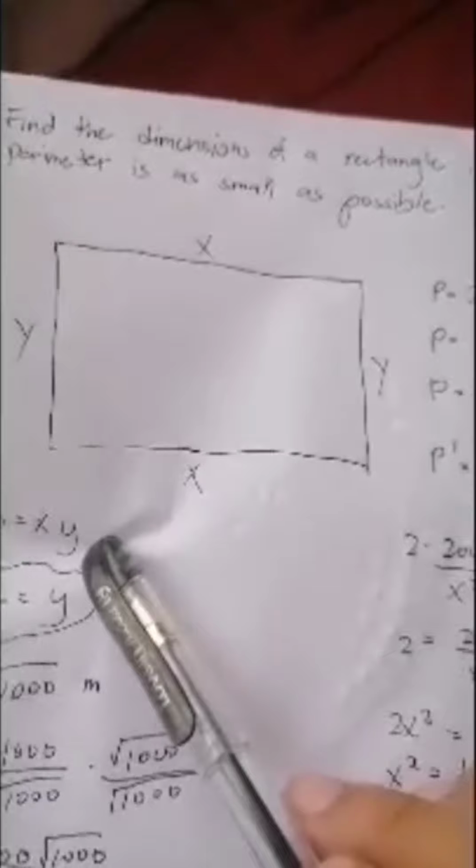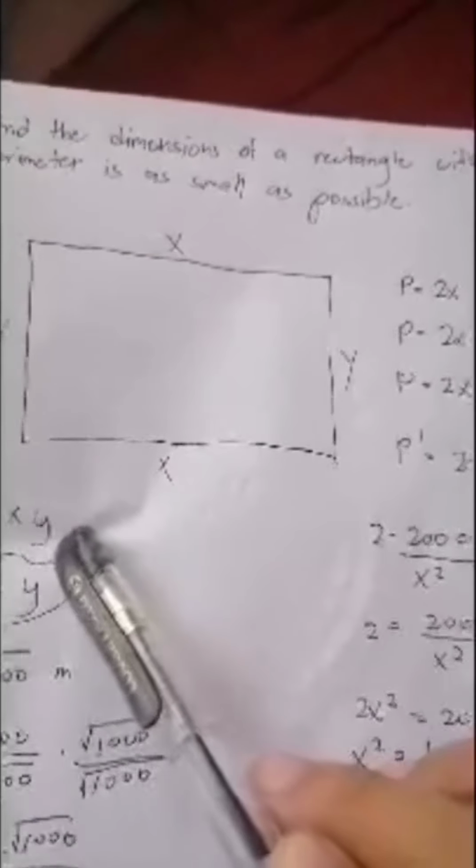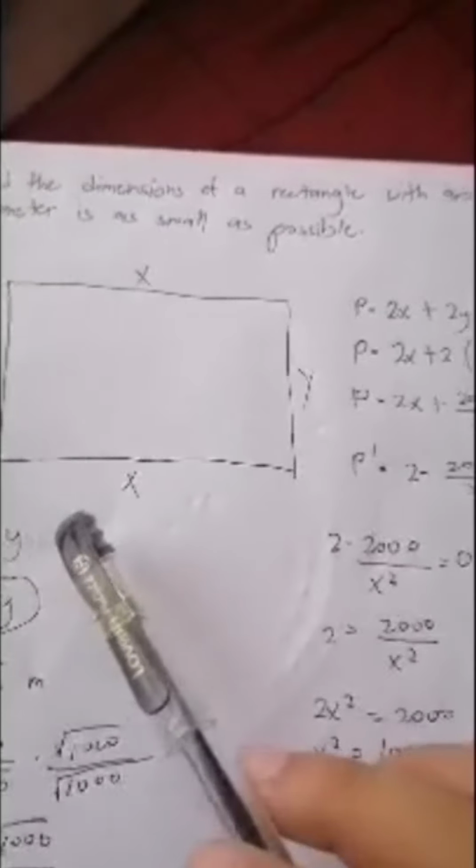Now, let's write what we want to minimize. We minimize the perimeter of a rectangle.